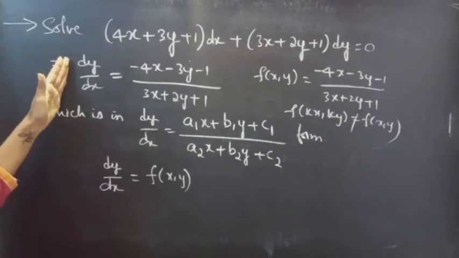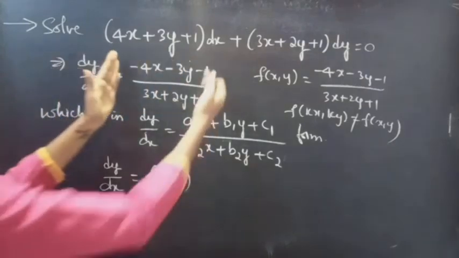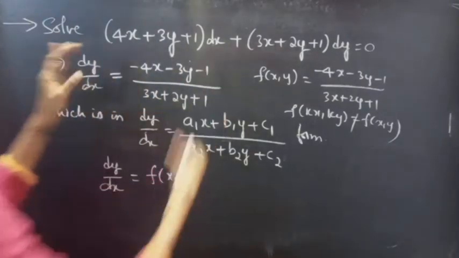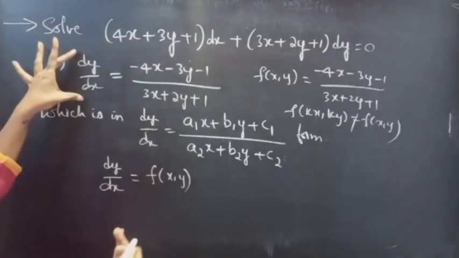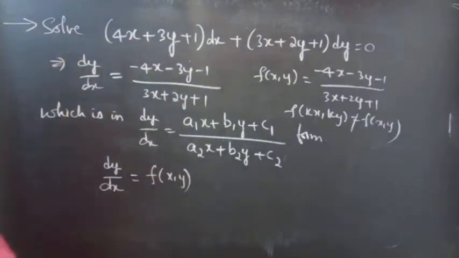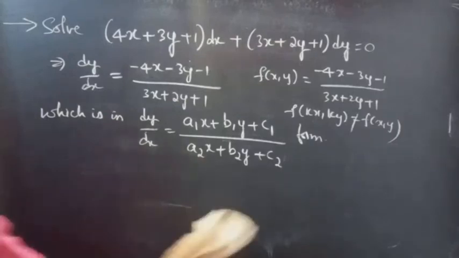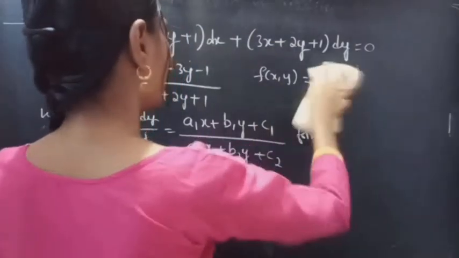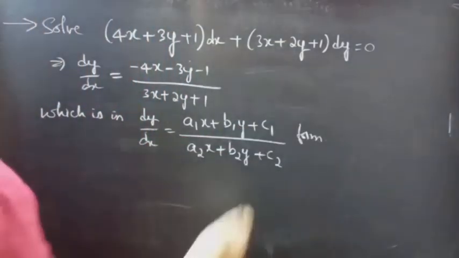Since the differential equation involves a non-homogeneous function, we'll call this differential equation a non-homogeneous differential equation. Okay, you can check it by putting x equals kx and y equals ky.